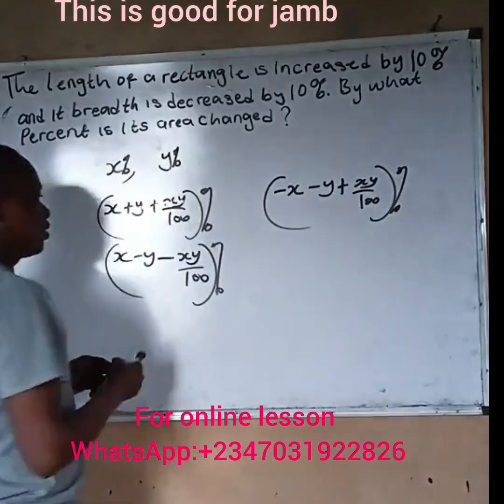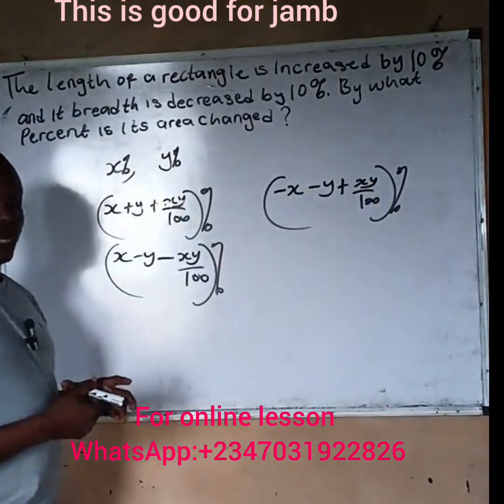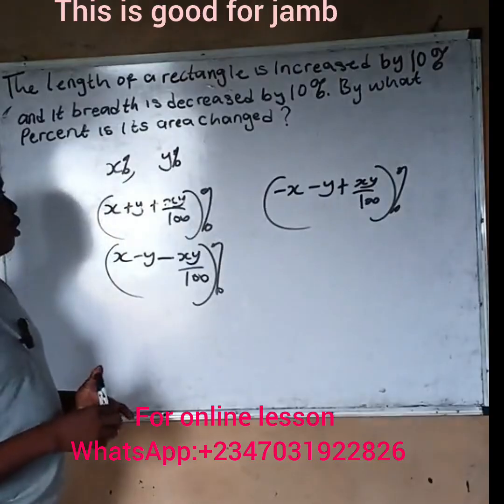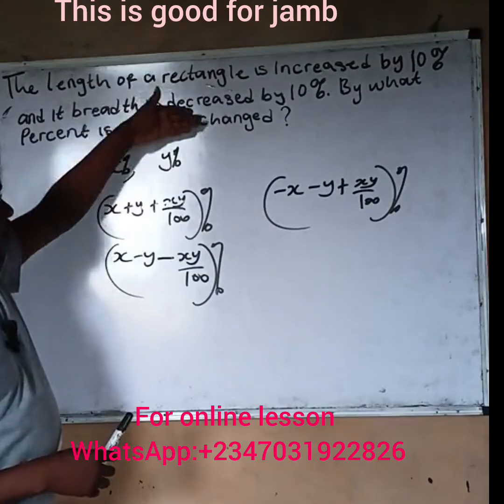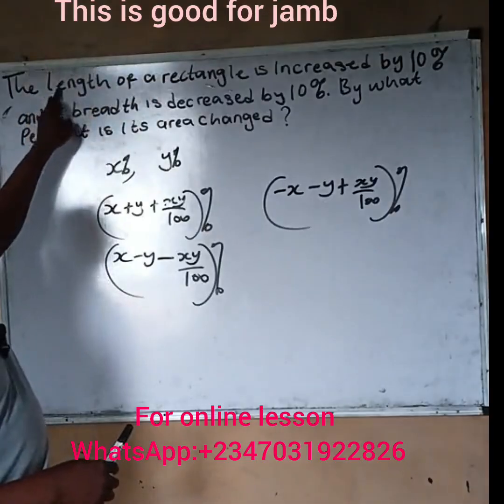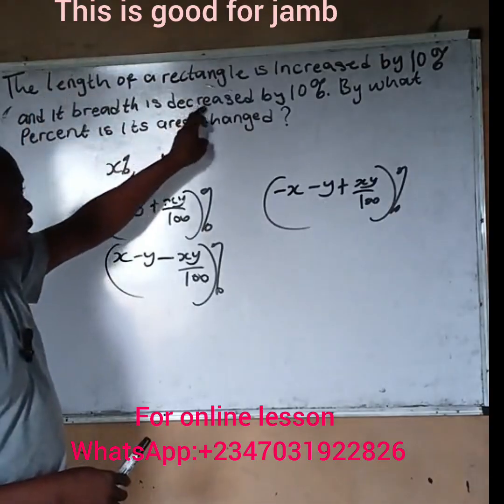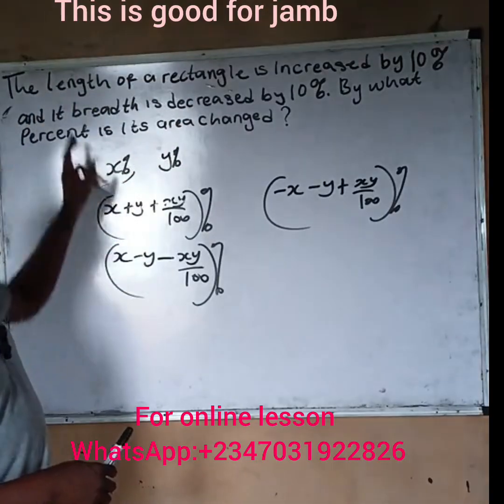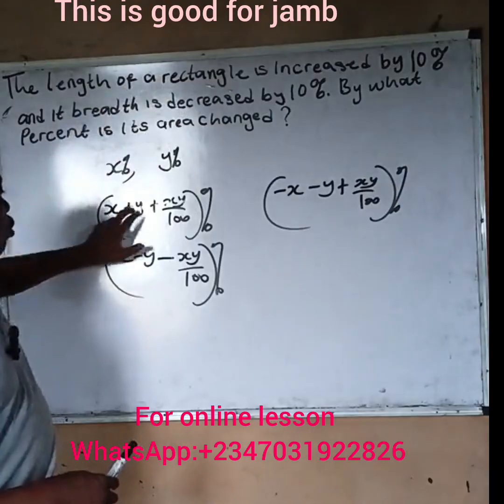So take note of these three situations. If both of them decrease, this is what we'll be using. If the length increases and the breadth decreases, as in this case, this is what we'll be using. If both of them increase, this is what we'll be using.